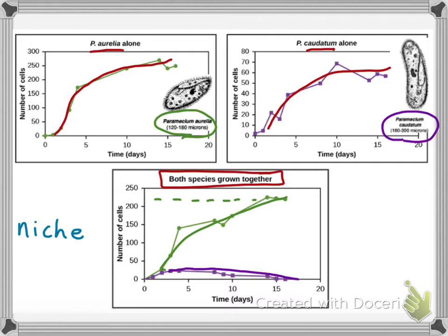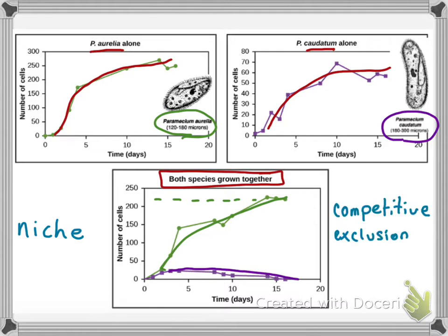So one species uses their niche more efficiently and therefore has an evolutionary edge, and they outcompete the species in a similar role. This illustrates the principle of competitive exclusion.